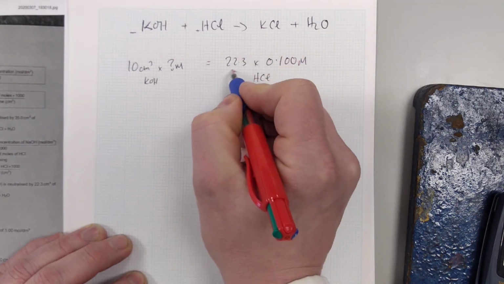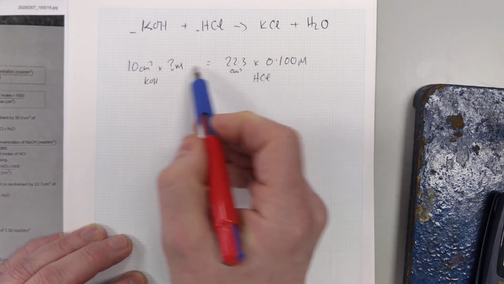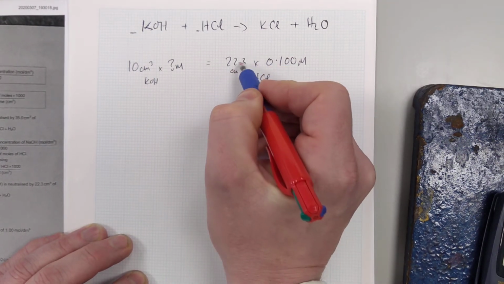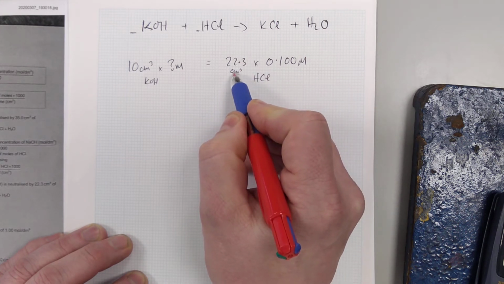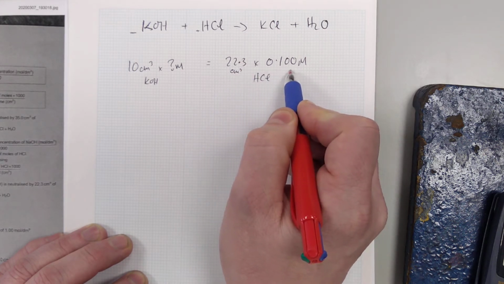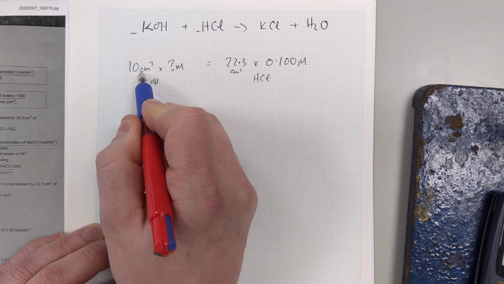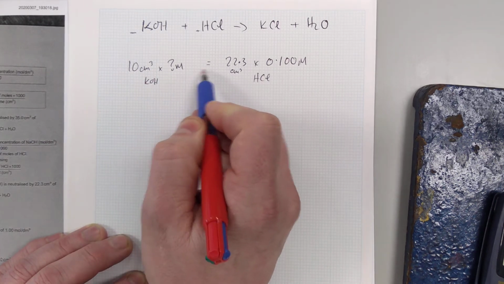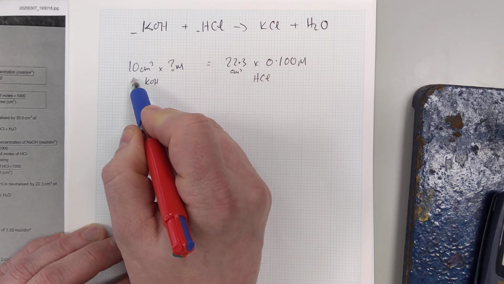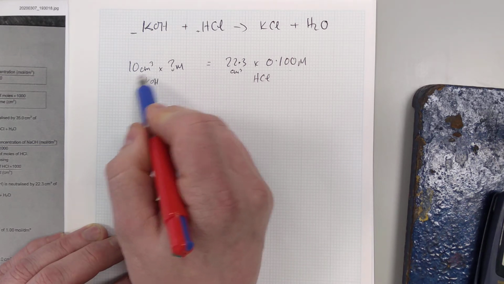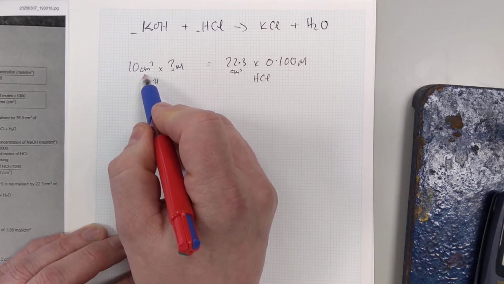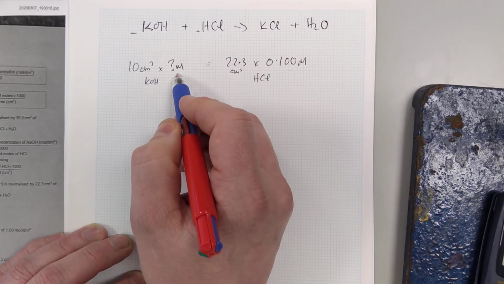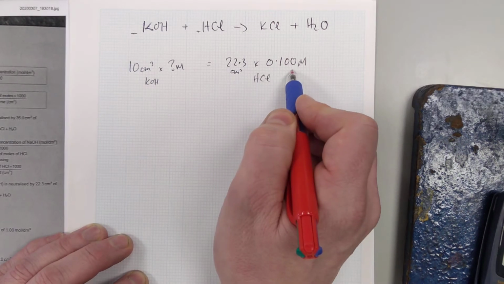So we can already see that what we've got is 22.3 cubic centimeters of a 0.1, but we've only got 10 cubic centimeters of our unknown. So we're actually using half as much, actually less than half of the volume. So what we would expect is our molarity to be more than double the molarity of the 0.1.